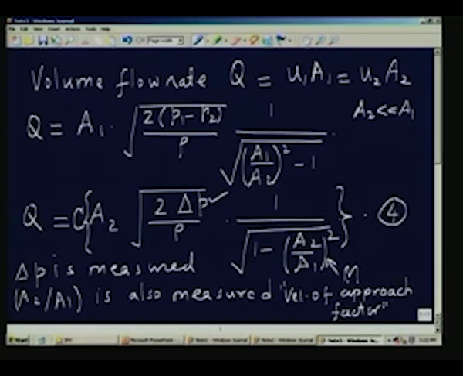So, if you call it as m, this is C, I will rewrite the equation in slightly different form.